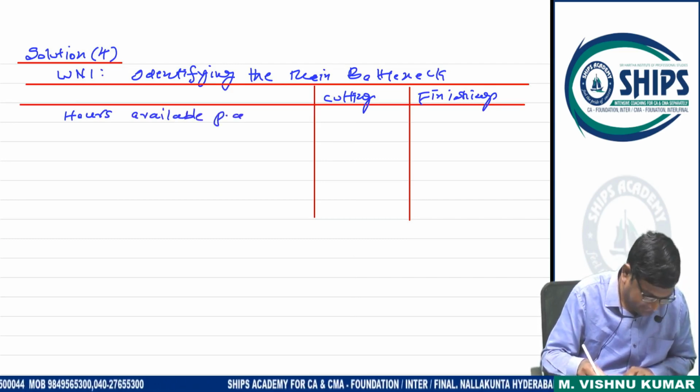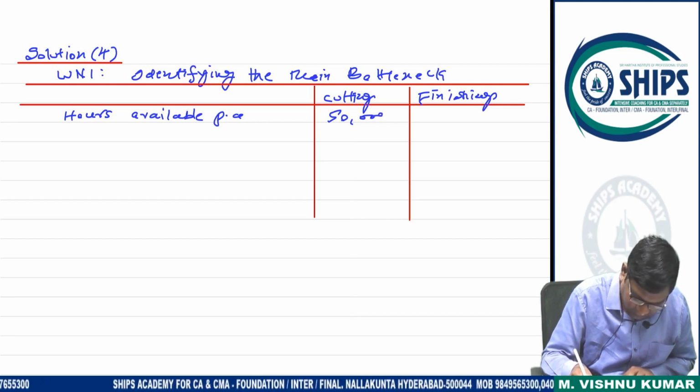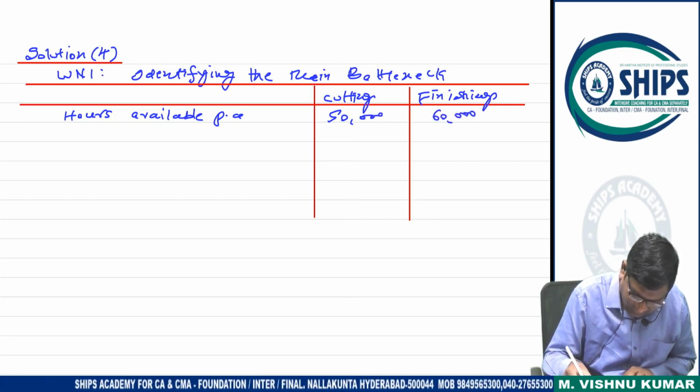Hours available per annum 50,000, 60,000.